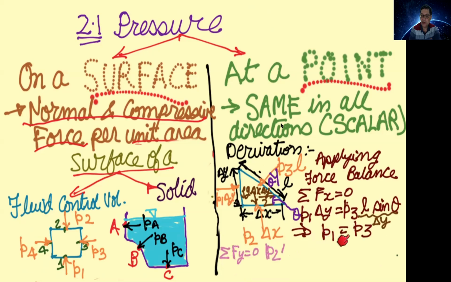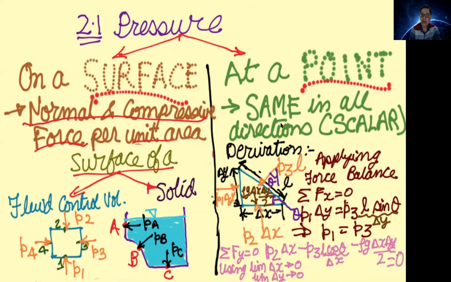So you get P1 is equal to P3. And when you take sigma Fy equals 0, then the gravity force will come into the expression. And when you apply the limit delta x, delta y tends to 0, you end up with P2 is equal to P3. So from this you get P1 is equal to P2 is equal to P3, which means the pressure is the same in 3 different directions.